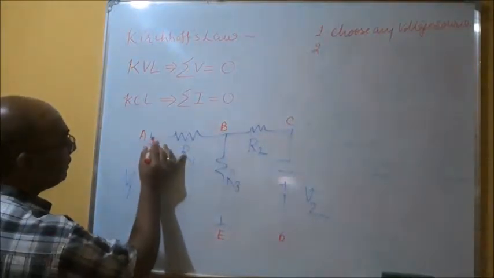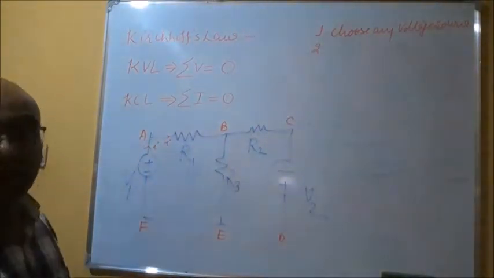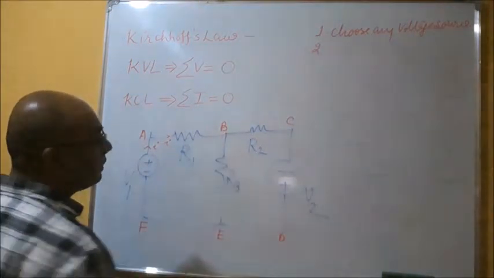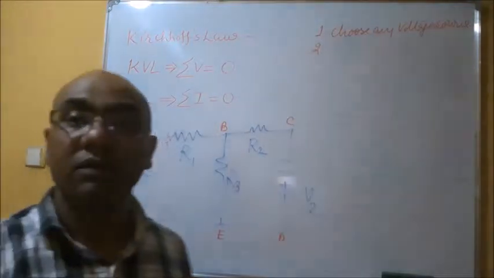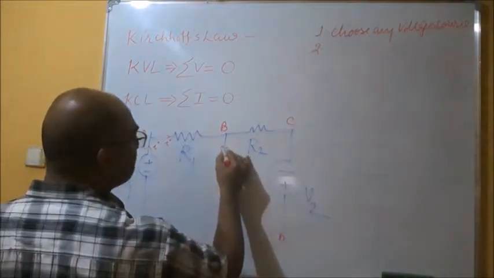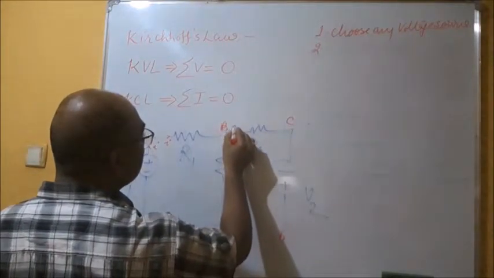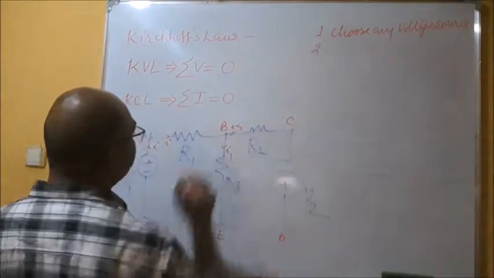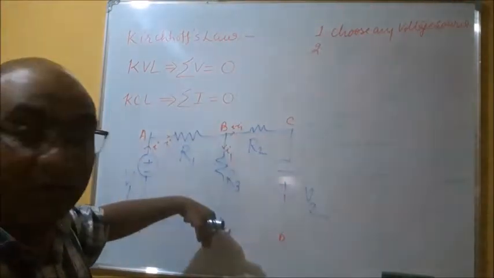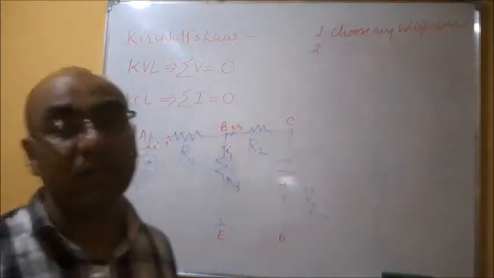The same current will come here, I. When it comes to this point, it will divert. Suppose I1 is going here, so naturally I minus I1 will go there, because the total current is I, and I1 is going here, then I minus I1 will go here.